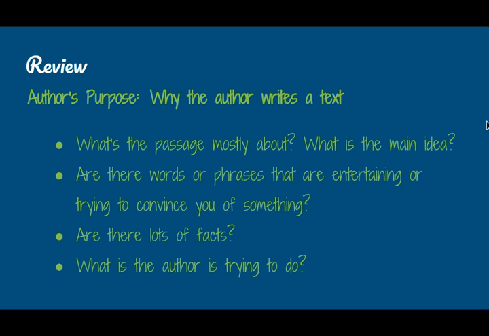First, think about what the passage is mainly about. Then look for words and phrases that are entertaining or persuasive. Look for facts and details that inform or describe. Then decide if the author has written to entertain you, to persuade you, or to give information about a topic.